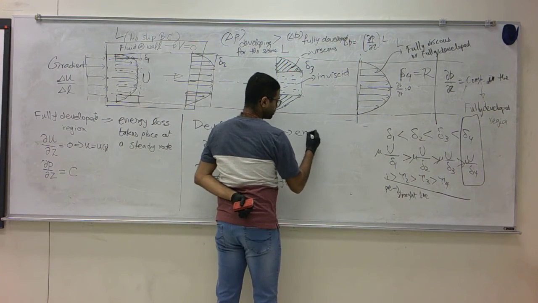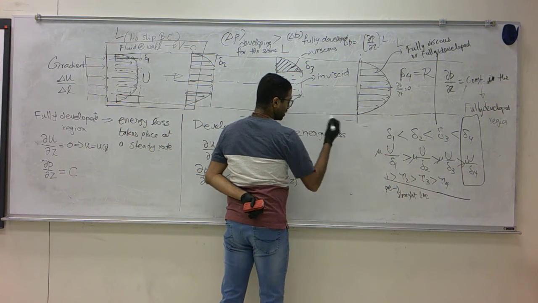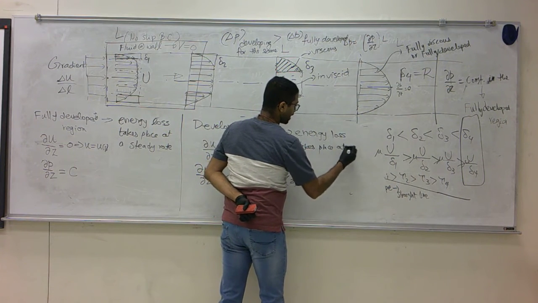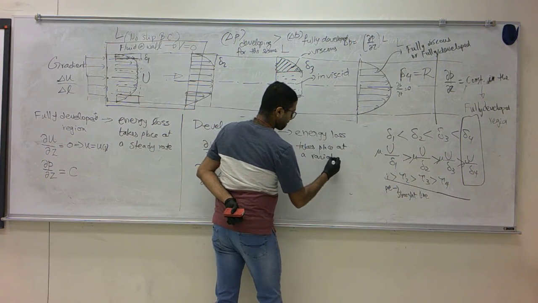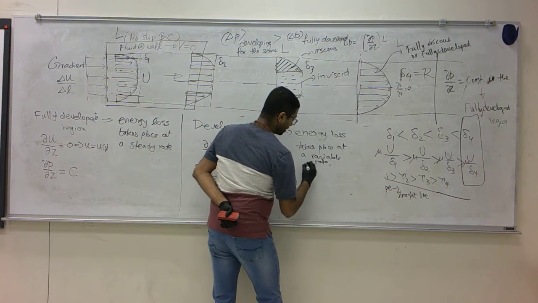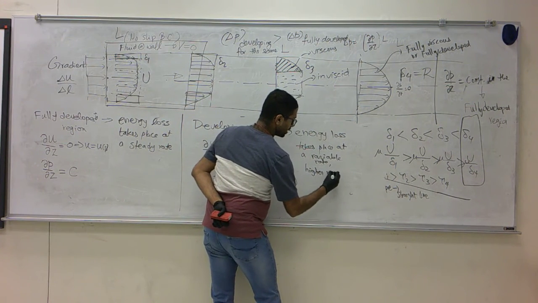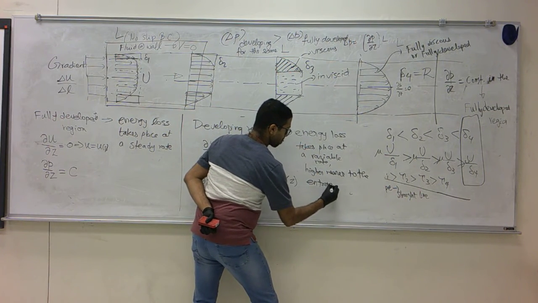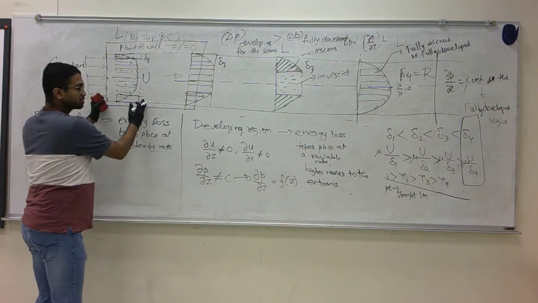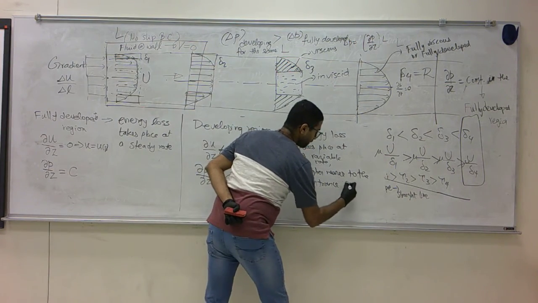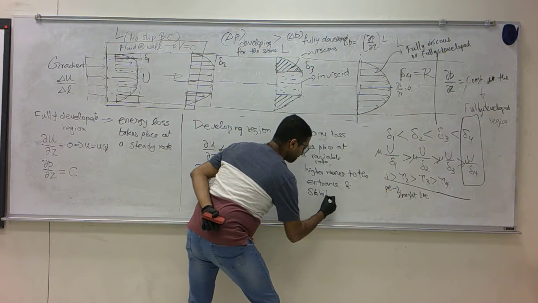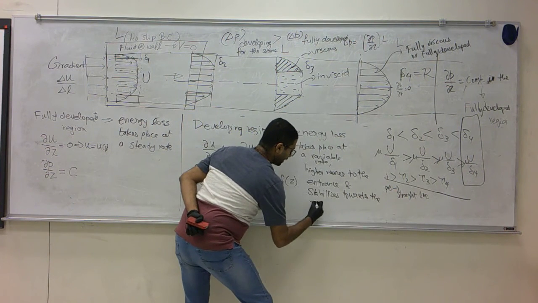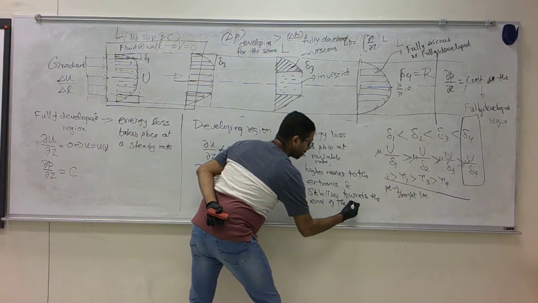Energy loss takes place at a variable rate, that is higher nearer to the entrance and stabilizes towards the end of the developing region.